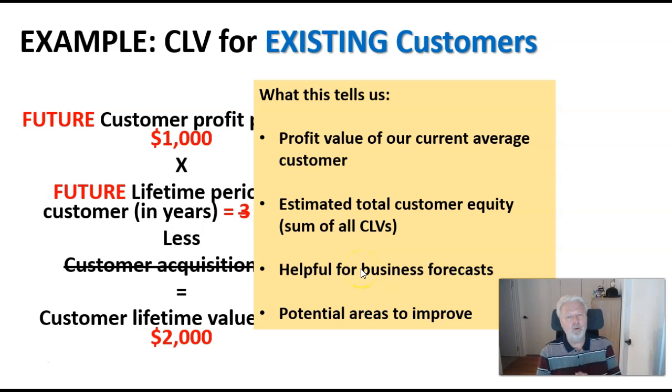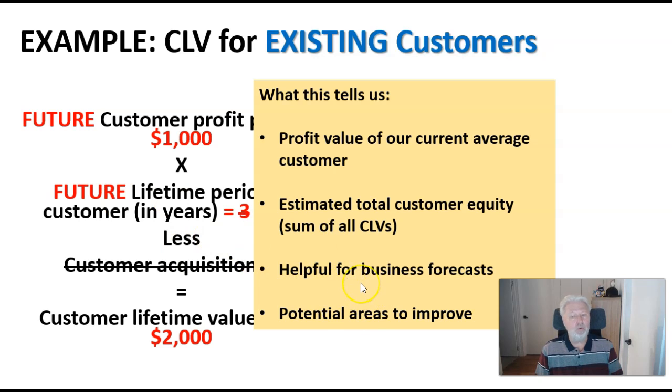So why would we use customer lifetime value for existing customers? Again, we get a profit value of our current customer or average customer at the moment. We can use this to work out our total customer equity, and that's an estimate of the value of profits being generated by customers at this point in time, and that takes into account current profitability and future profitability, and that's simply calculated by summing up all the lifetime values of all our customers.